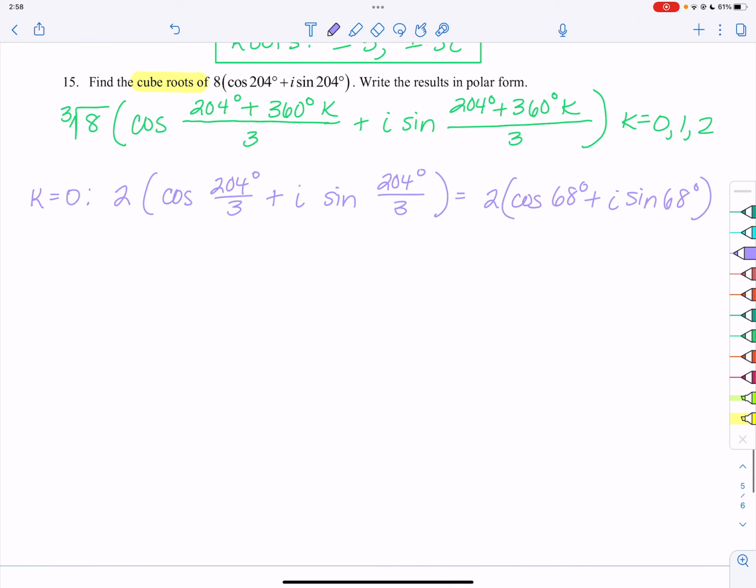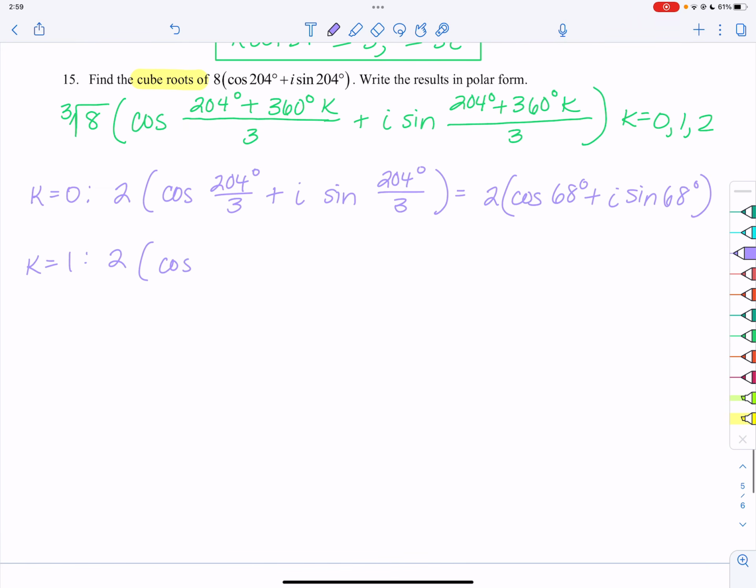And these are going to be our roots in exact form. We now have 2 cosine of 204 degrees plus 360 degrees, because now k is 1, divided by 3, plus I sine of 204 degrees plus 360 degrees, divided by 3.